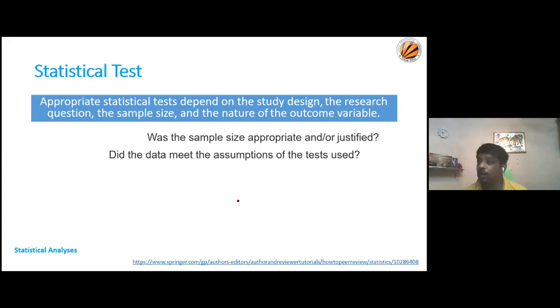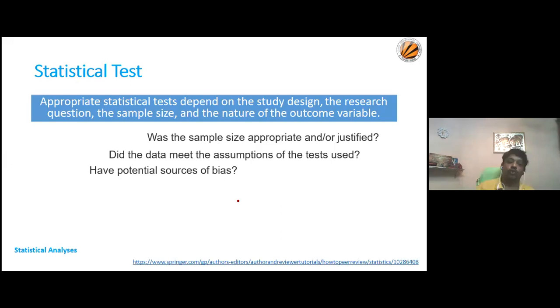If these assumptions are not met by your data, then you need to go for the alternative, non-parametric test.